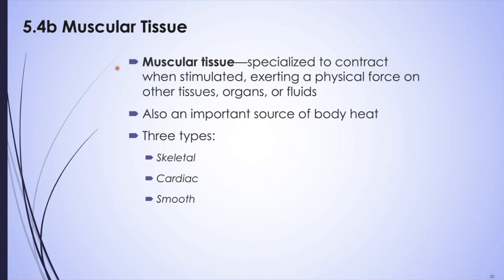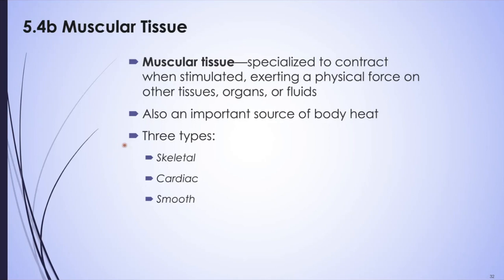It's also an important source of body heat. So when you get cold and start shivering, you are having muscular contractions and making body heat. If you go out for a jog or do some jumping jacks, you are having skeletal muscular contractions, and you're producing body heat.